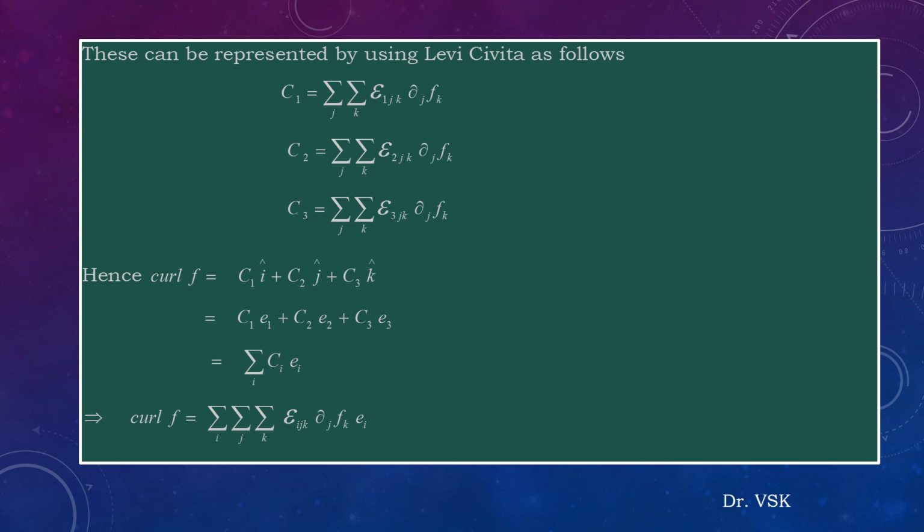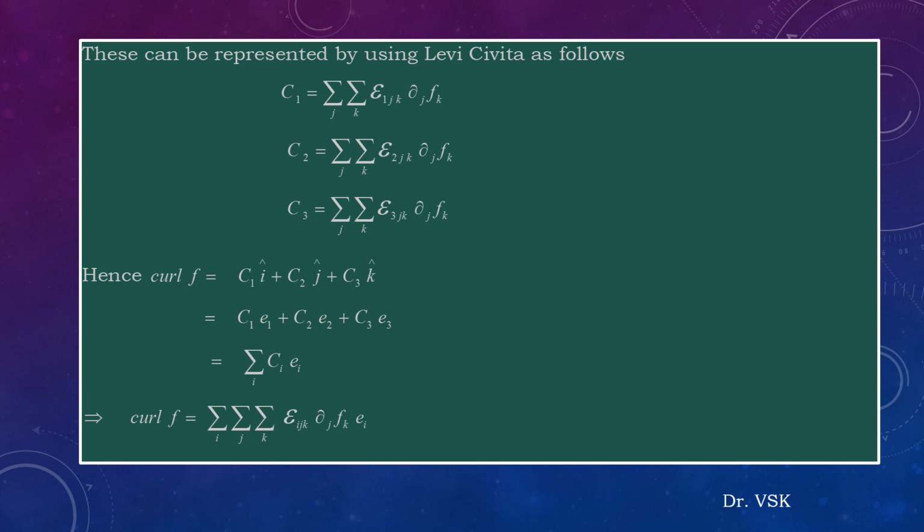Now we need to expand over k. That means we have to substitute k equals 1, k equals 2 and k equals 3 in this expression. In the expression we have 3 terms. Let's first consider the first term, epsilon sub 11k ∂1 Fk.